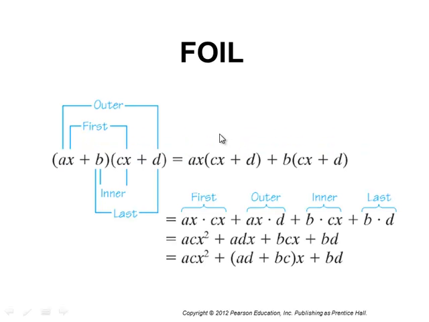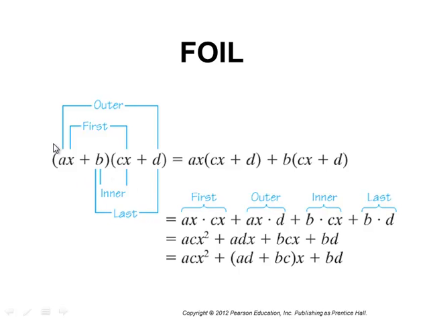There are some special products that you will want to remember the formulas for. So for example, if you have one binomial times another binomial, then you can remember the FOIL, F-O-I-L, is an acronym that tells you how to do the product of two binomials, where you take the first terms multiplied together, which is the x squared that you see here.